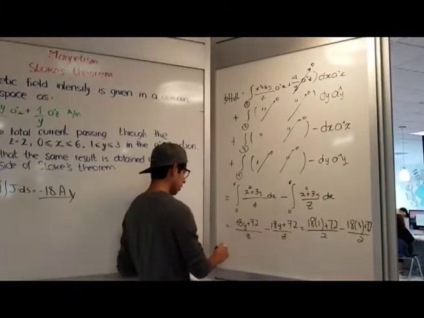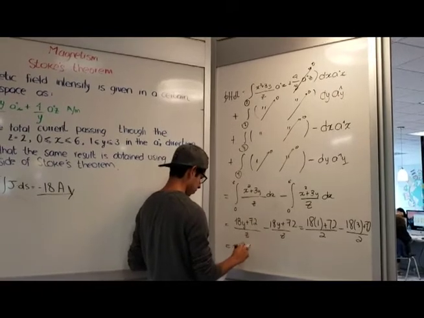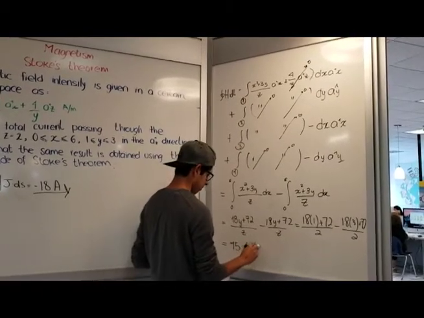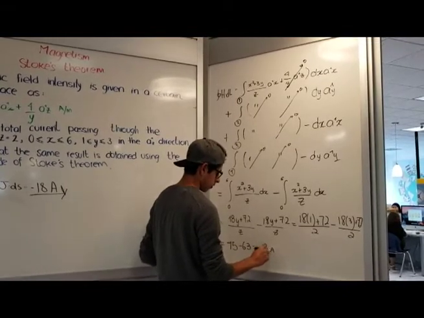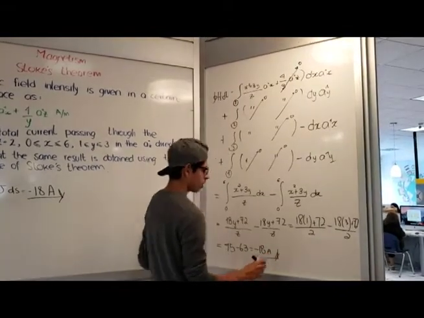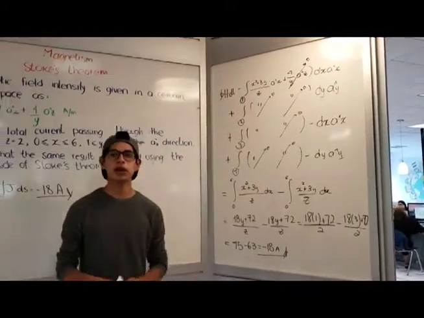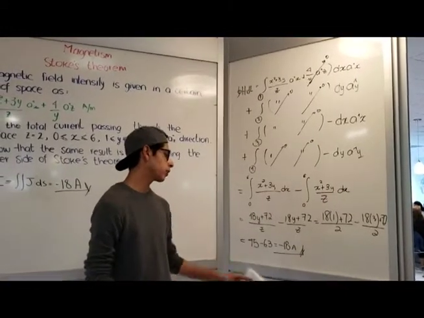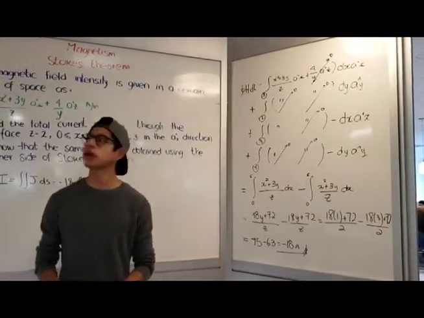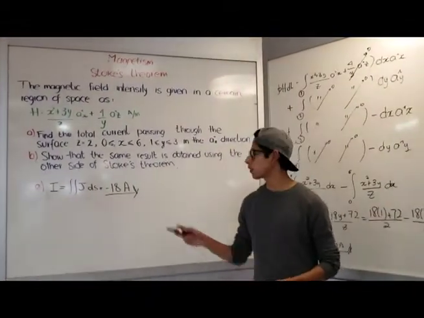And at the end, with everything evaluated in the limits that corresponded, we have our final result, minus 18 amperes, and we already demonstrated that it was the same result as the first one.